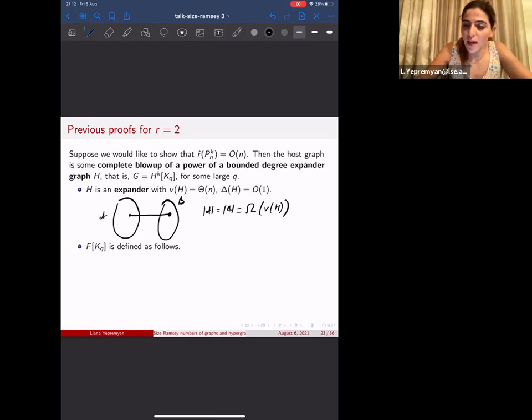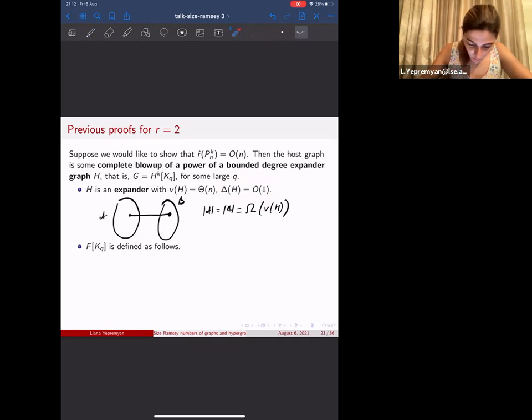In fact, H can be taken to be G(n,p), the random graph with appropriate edge density. What's important is that we require that H is of bounded maximum degree, meaning constant maximum degree.